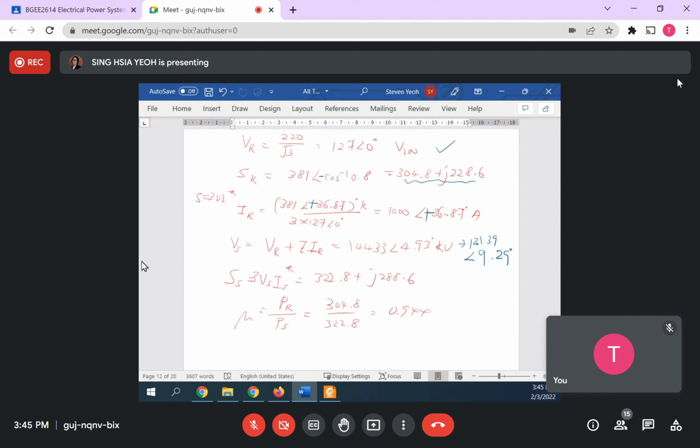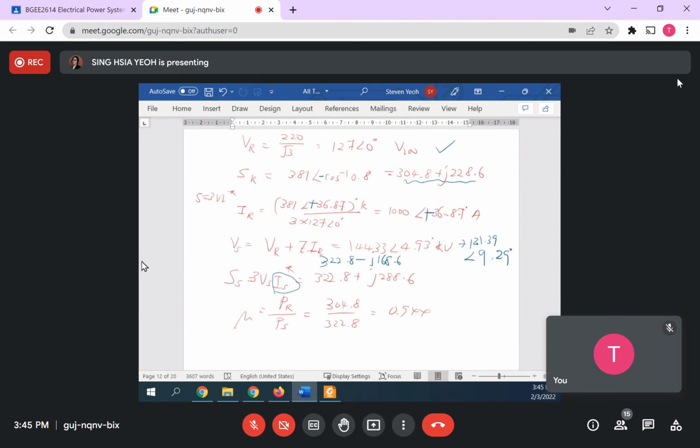Then SS, because of the negative IS, you have a different value. 322.8 is the same because P is not affected, then minus j 168.6. Are you okay?